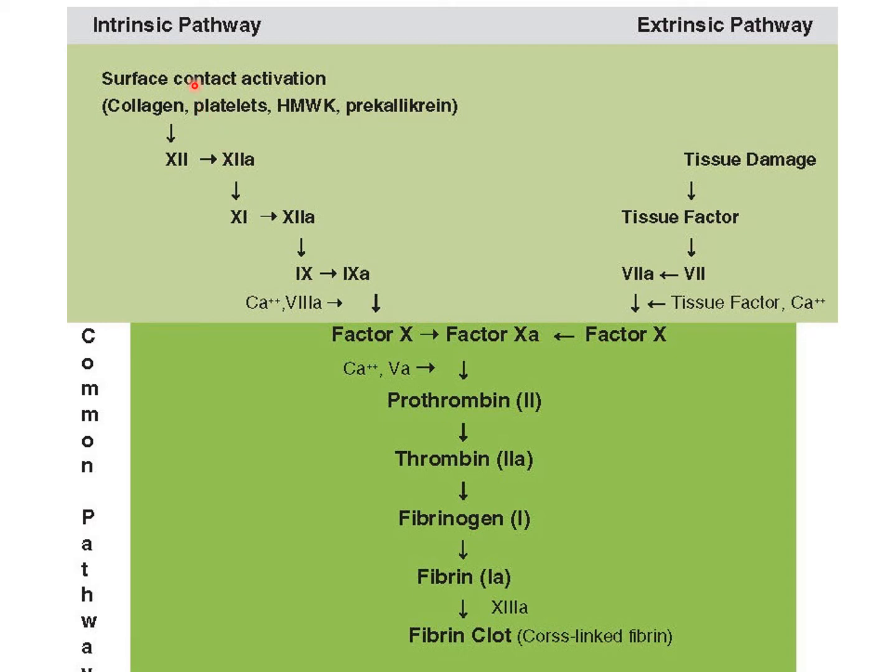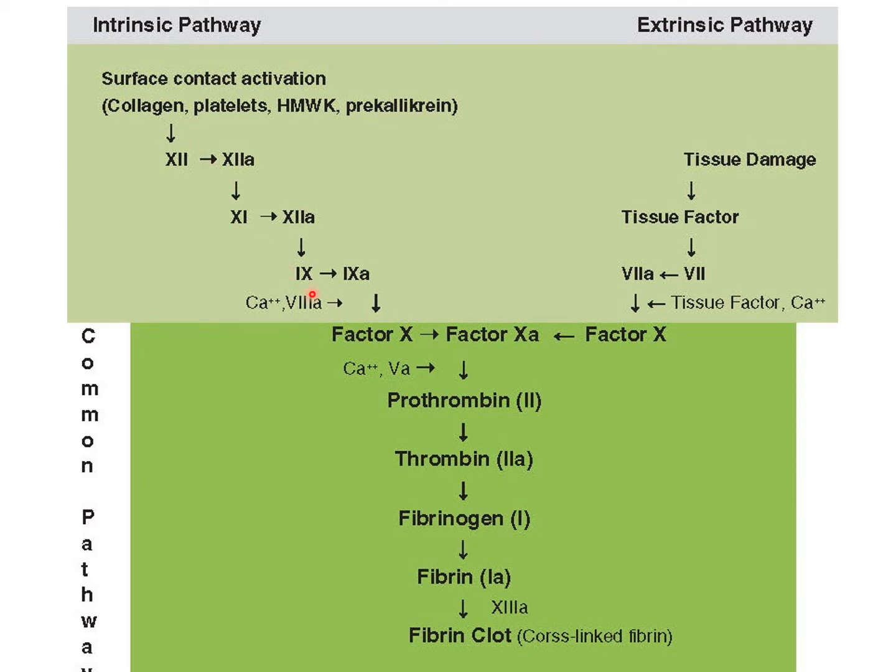Similarly, internal damage to the cardiovascular system leads to activation of the intrinsic pathway, which is generally slower to activate but has a longer duration of action. It leads to activation of various blood coagulation factors, namely factor 12, 11, 9.